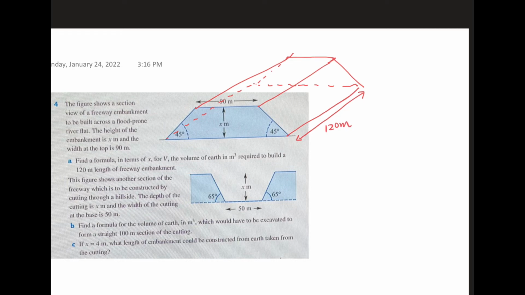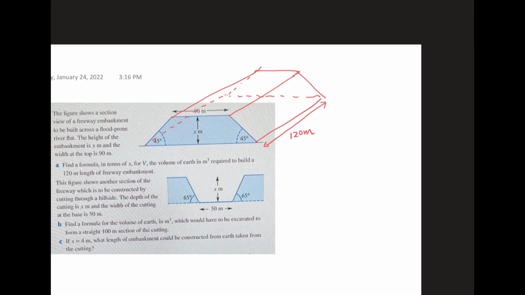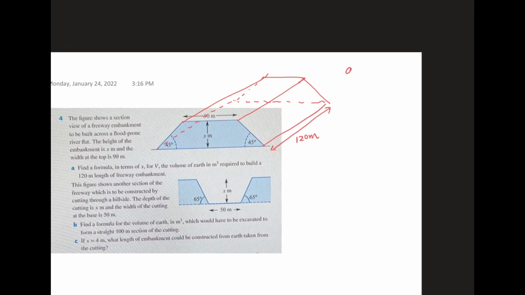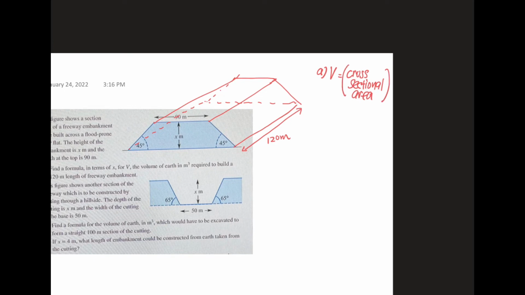So we want to find the volume of this prism. Basically the volume, I write down the formula first. As this is a prism, volume is equal to cross sectional area multiplied with length. That's the volume.